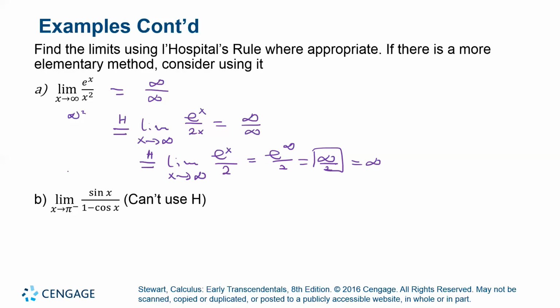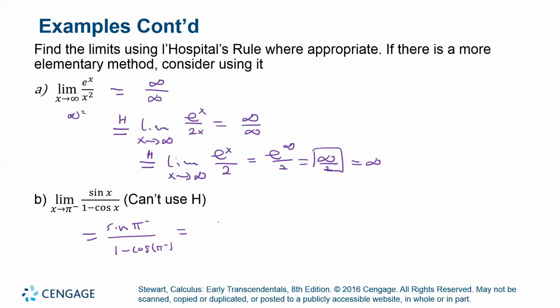Now, in this particular one, x goes to pi from the left. I don't need to apply L'Hopital's rule here, because let's substitute the pi into this. This will give me sine of pi, and then 1 minus cosine of pi.